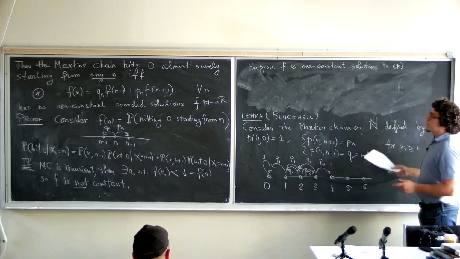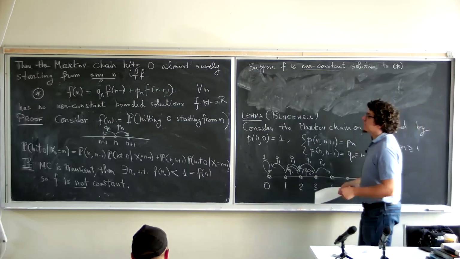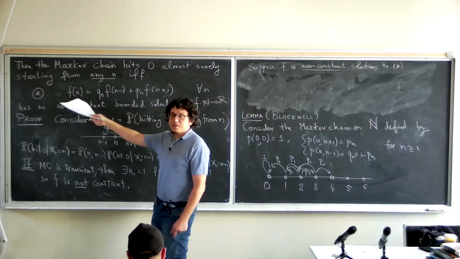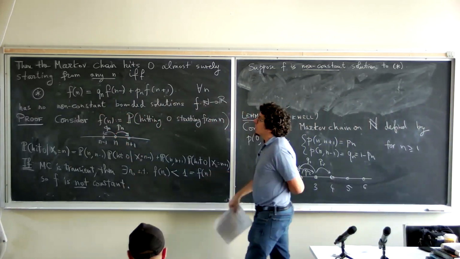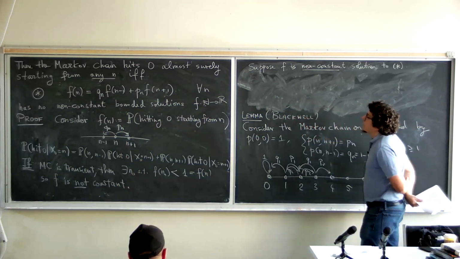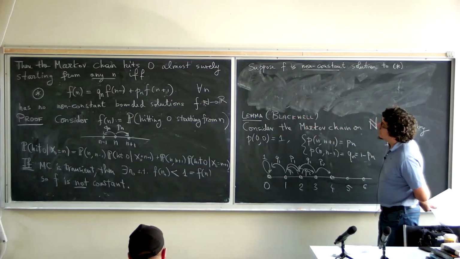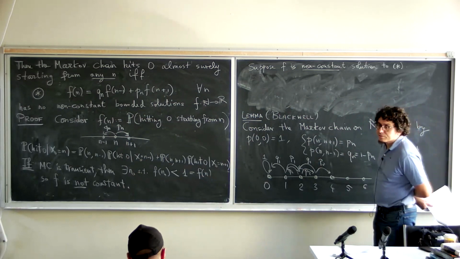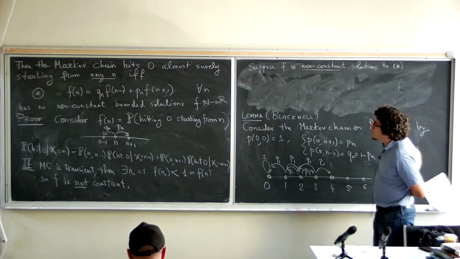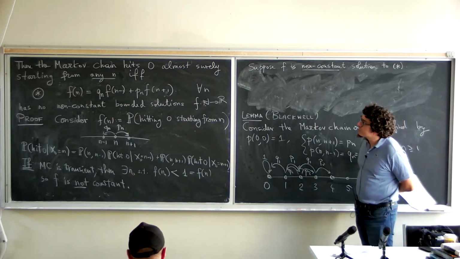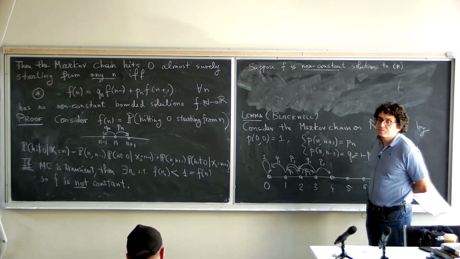And by the way, we can normalize, because remember that the space of functions that satisfies this equation is a vector space, and the constant functions are in that space.